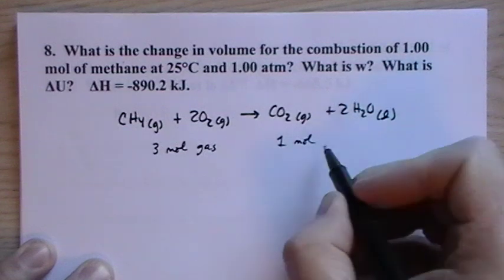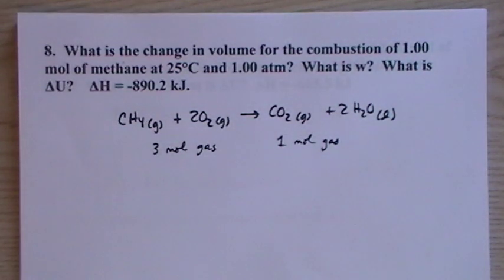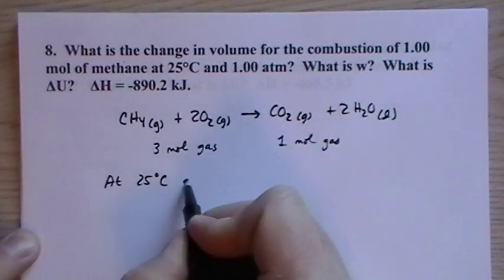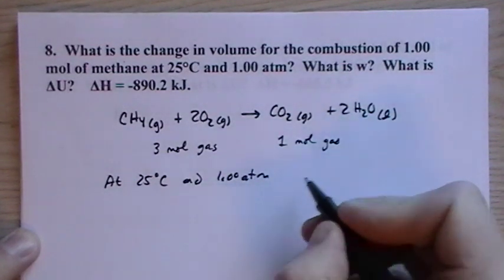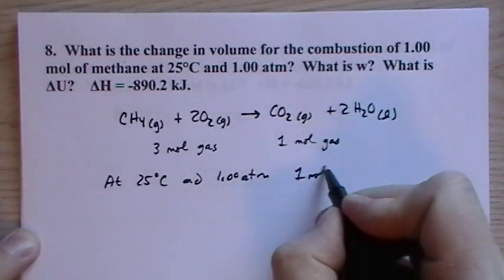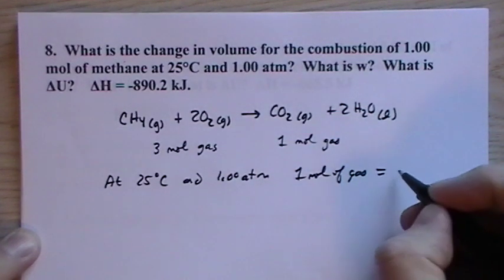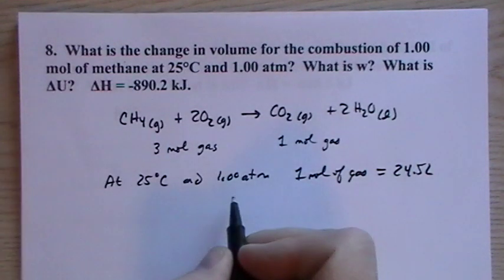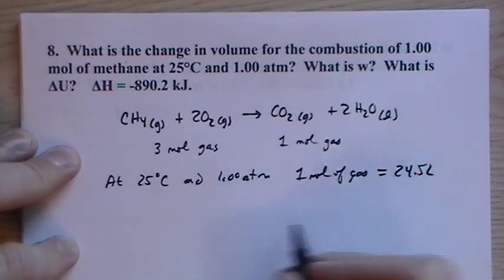This doesn't count because it's a liquid. And what we're guaranteed is at 25 degrees Celsius and 1 atmosphere, which is where we are, that 1 mole of gas equals 24.5 liters. Now, if we were at a different temperature and pressure, we'd have to use the ideal gas law to determine the volume, but luckily we don't have to do that here.